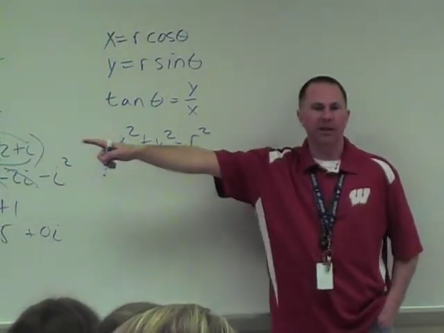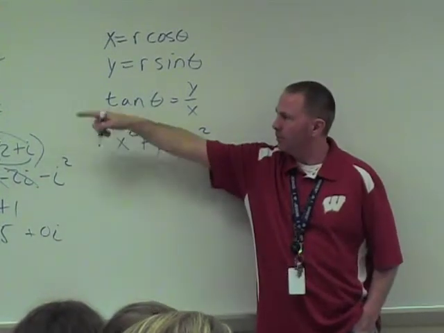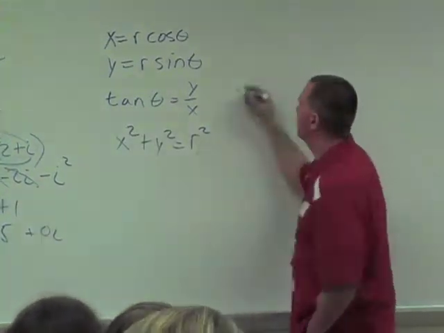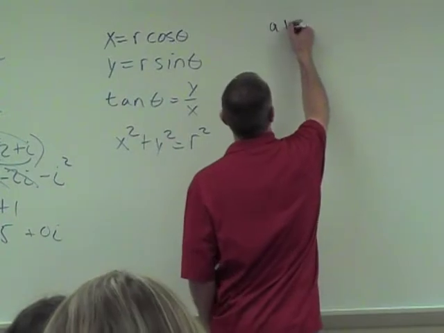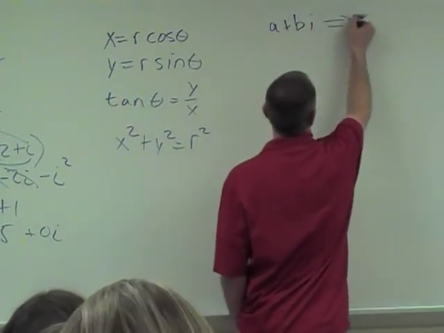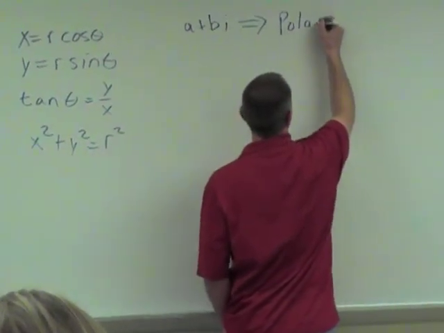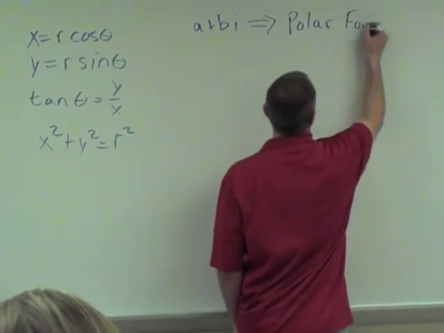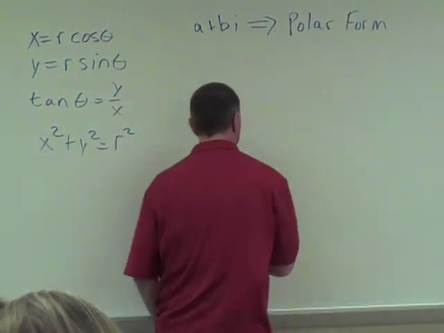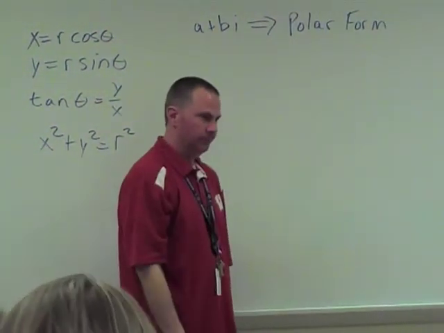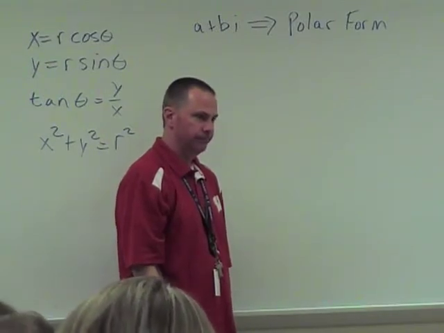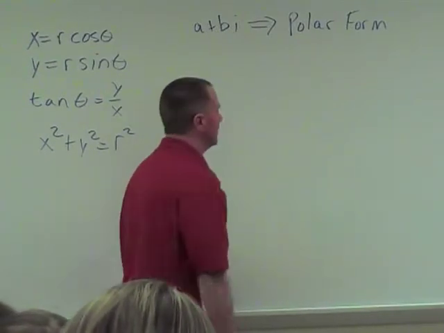This is a complex form. A plus bi is complex form. So we're going to go from complex to polar. The polar form is this.